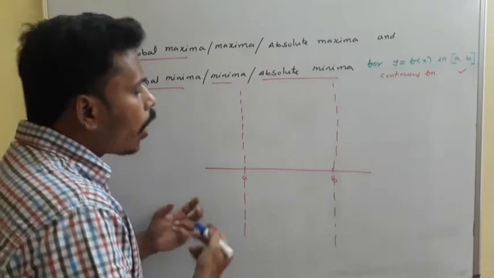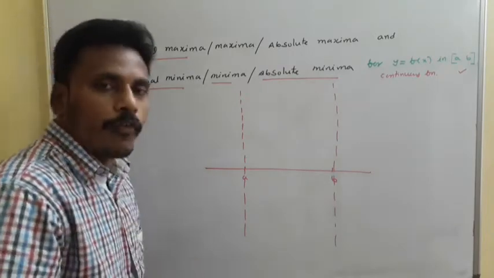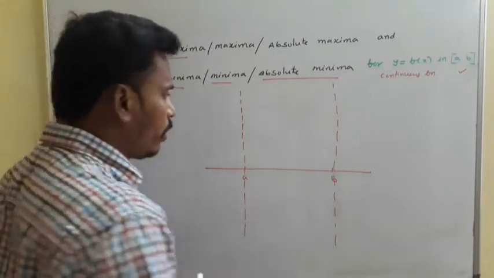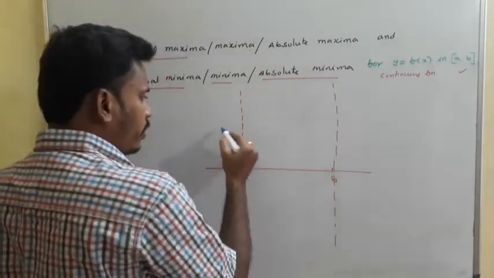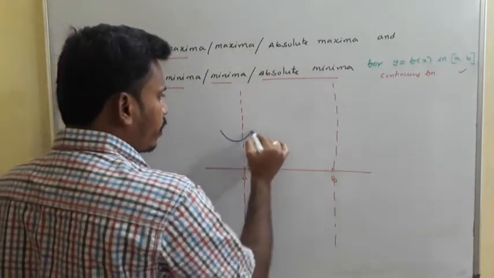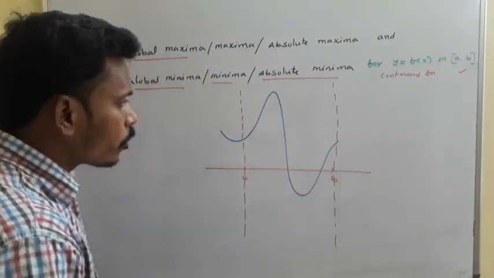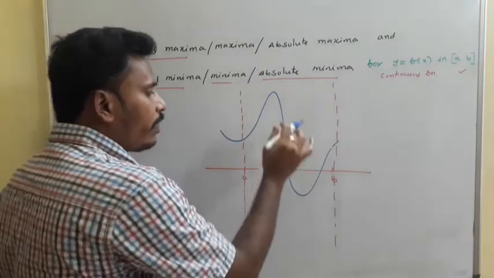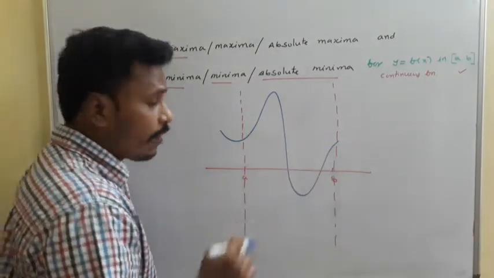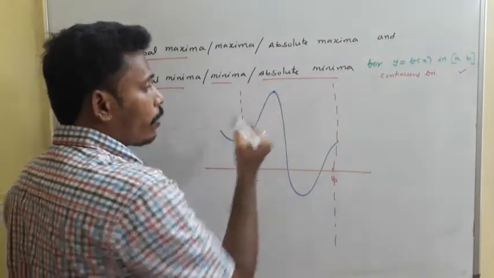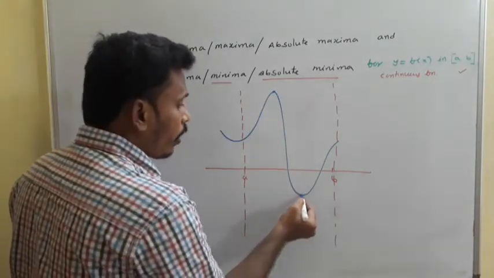See how the graph of y equals f of x will be in this interval ab. First, suppose the graph is like this. Then this function has one local maxima and one local minima.